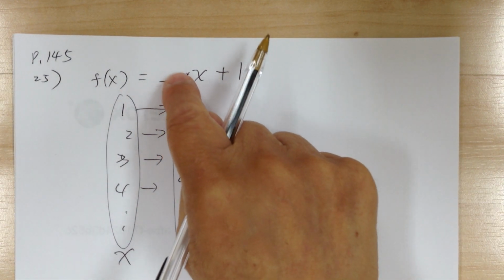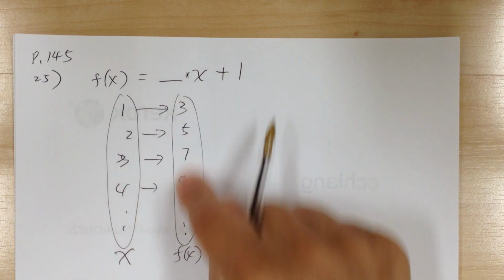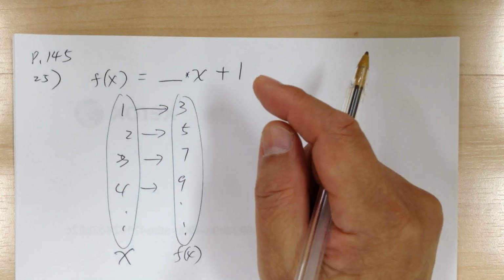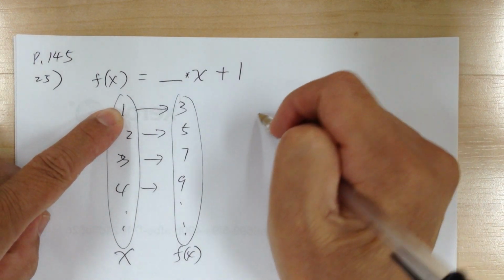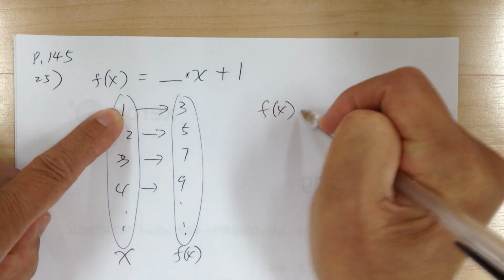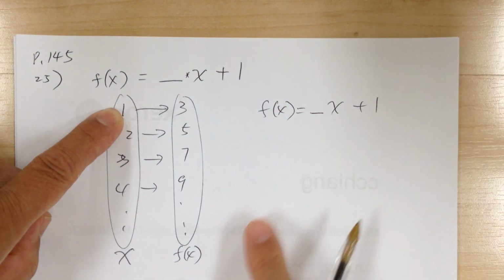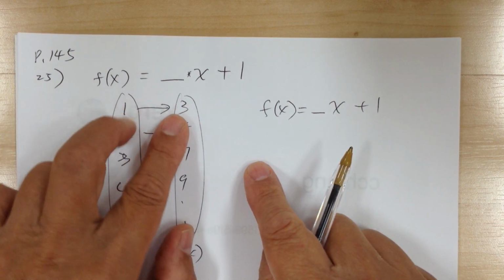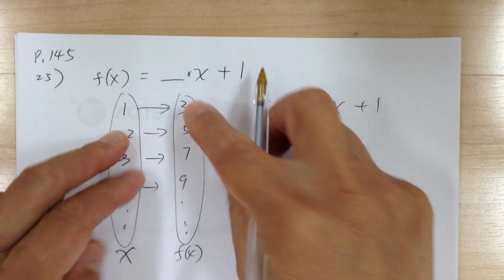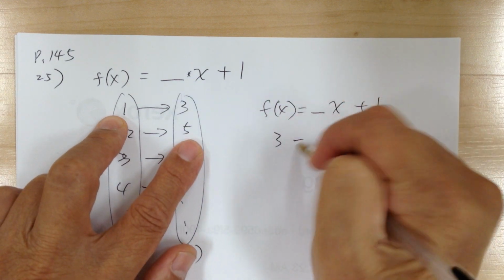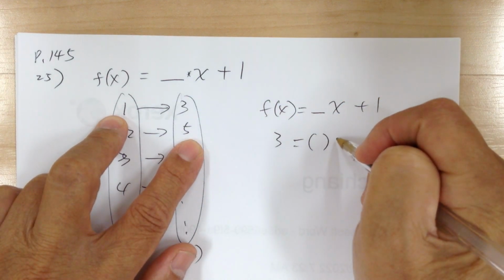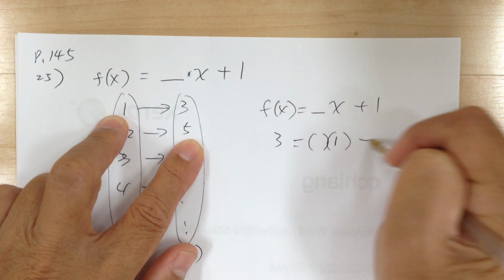So to figure out what the blank space is, you just pick any of these and put it in here. So you got f of x equal to blank x plus 1. If you choose the first set of information, f of x is 3 and x equal to 1. And just put blank times 1 plus 1.